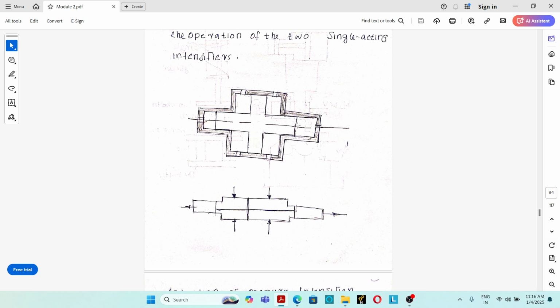The hydraulic oil in the high pressure chamber gets compressed and pressurized, and high pressure hydraulic oil is produced. So this is the working of a double acting hydraulic intensifier. This is the figure and the symbol of the double acting hydraulic intensifier.